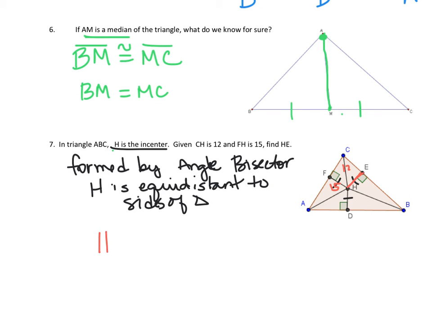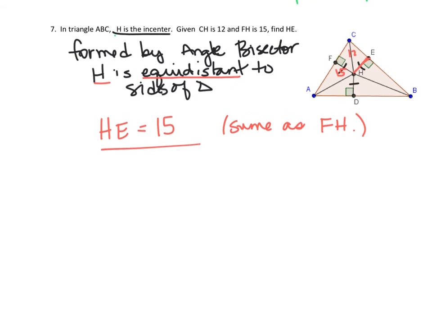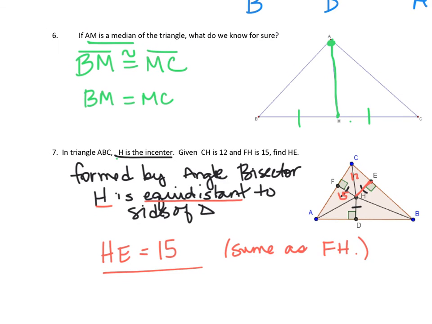Okay, so HE is the same size as FH and HD, so we're going to call it 15, because H is equidistant to the sides. Incenter is equidistant to the sides. Circumcenter is equidistant to the vertices.